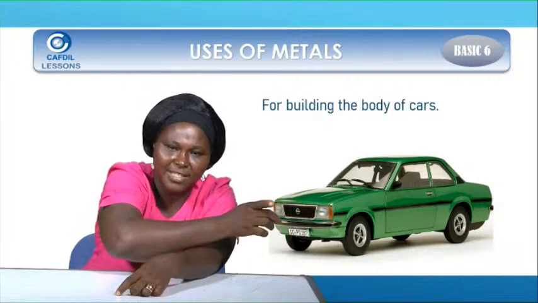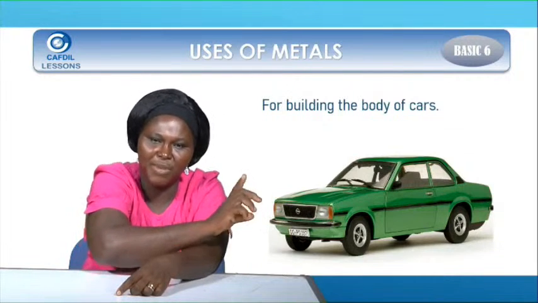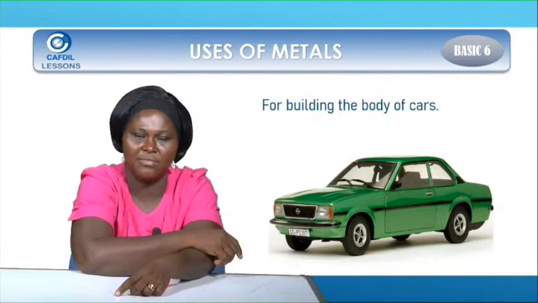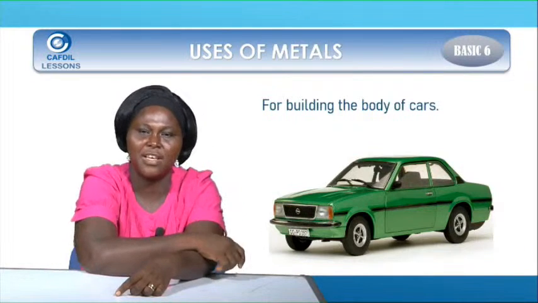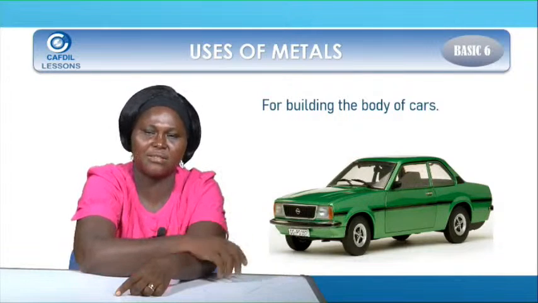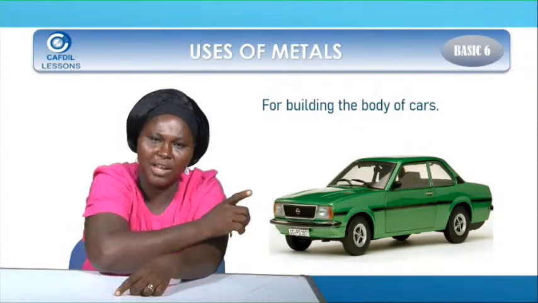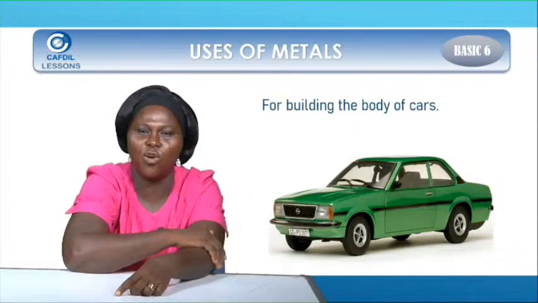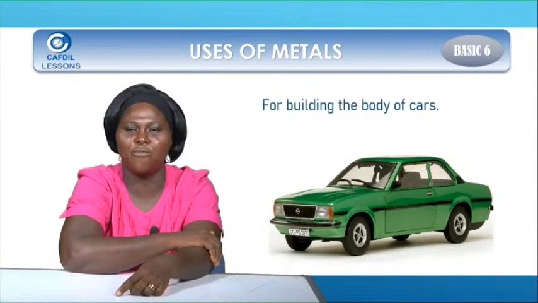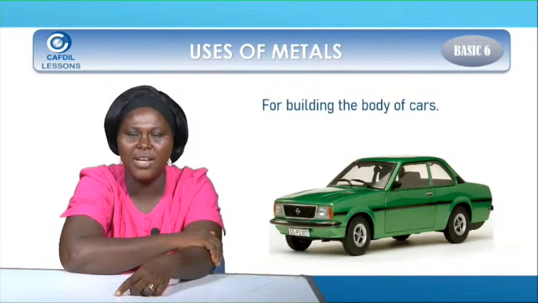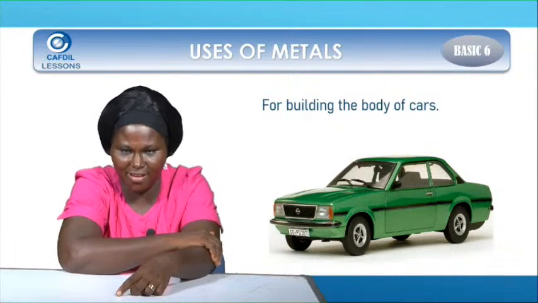Now let's look at this car. We have metals all around. Because we can shape metals into sheets, they can be used to build the body of cars. So this is one of the uses of metals.